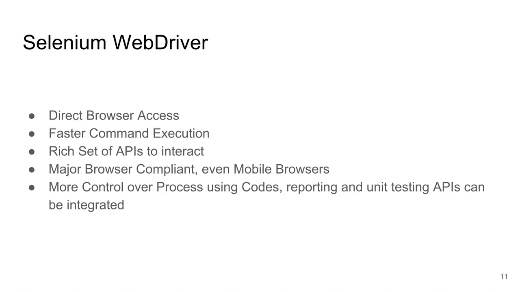If you want to shut down the computer after the test cases are executed, that also you can do, but it should have an integration and be able to understand the Selenium WebDriver. So there are different APIs available, and you can use any of these APIs to have more and more control over the process. So any doubt in the Selenium WebDriver part, because this is what we are going to use?